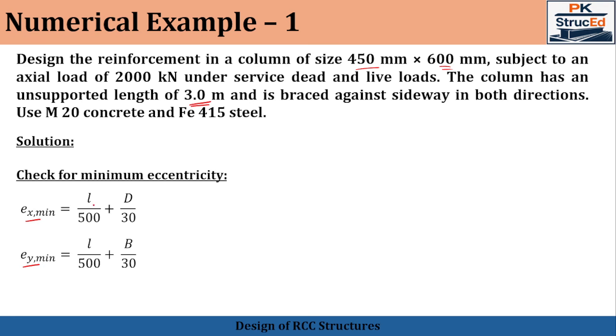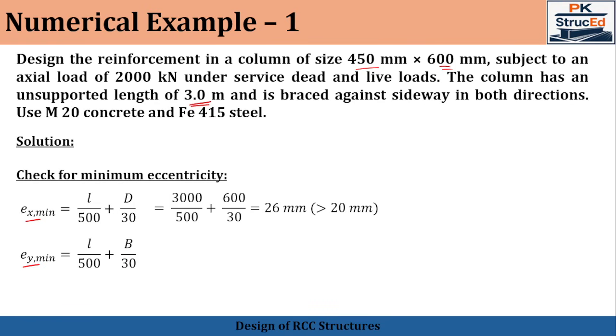The formula is given as unsupported length divided by 500 plus the dimension divided by 30, that is the y direction dimension. Coming to the y direction, the minimum eccentricity will be calculated the same way, as 1/500th of the unsupported length plus the x direction dimension b divided by 30.